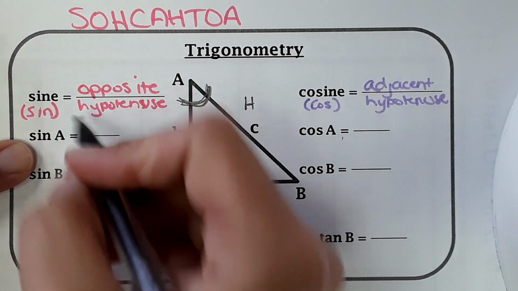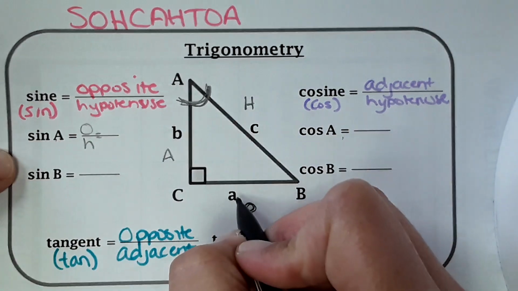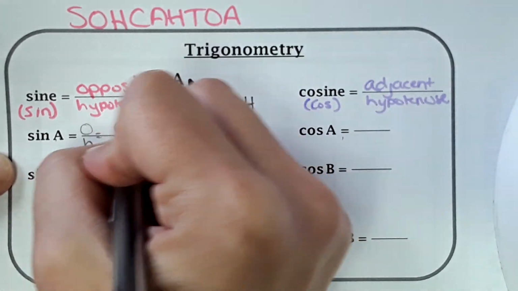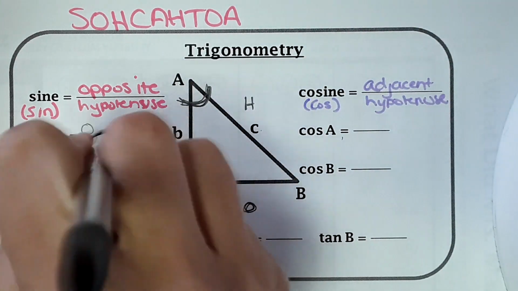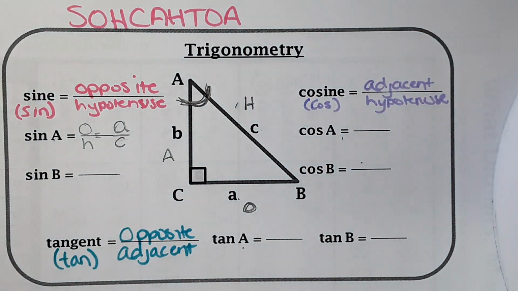So by labeling it, it makes the rest come together a little bit easier. So sine of A is opposite over hypotenuse, so that is A over C. Today all we're doing is setting up the ratios.